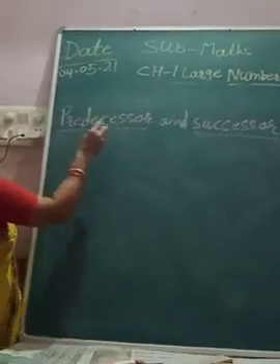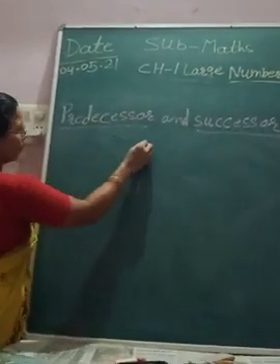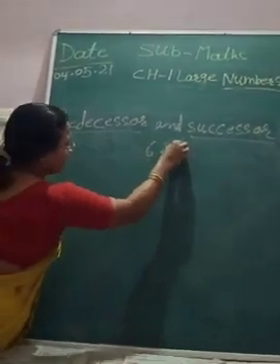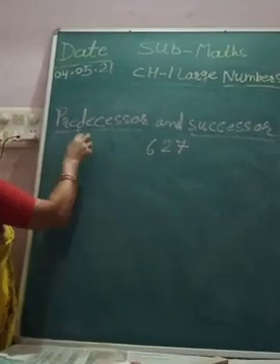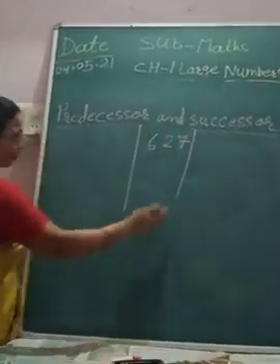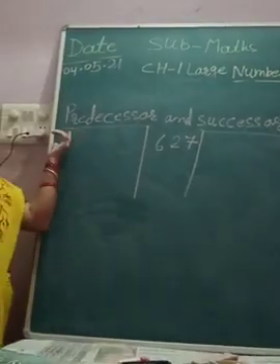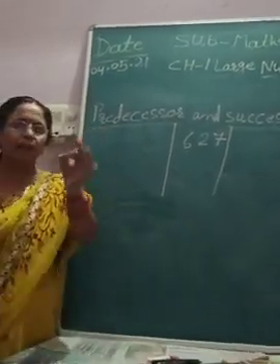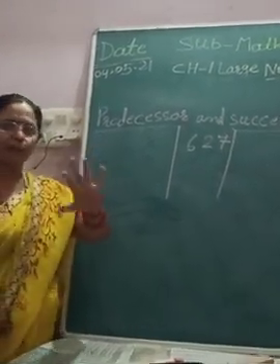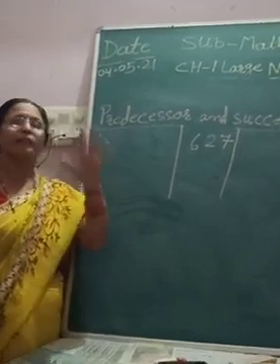Going back means, suppose I have written a number 627. If you have to write the predecessor of this, what will you do? You have to just subtract 1. 1 means only 1, not 2, 3, 4, 5. Subtraction does not mean you can subtract any digit.